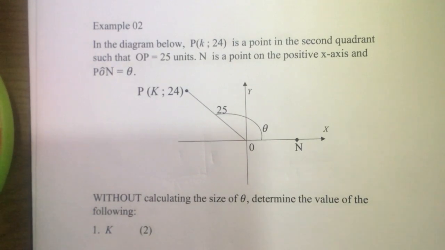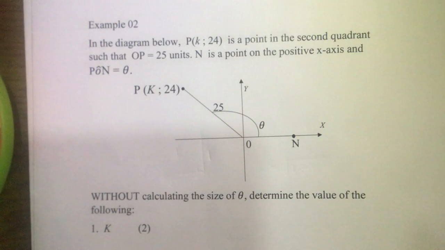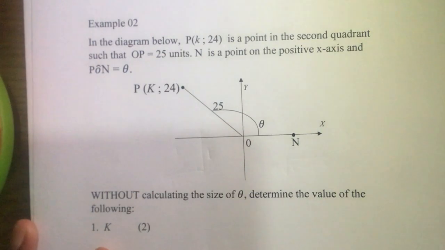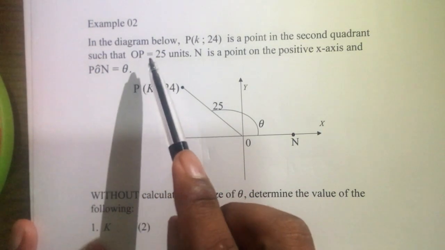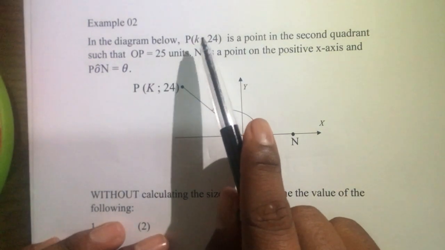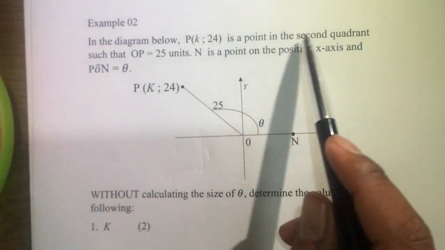Now, in this diagram, we can see that we must complete it. In this second example, they can give it in this manner, and they will not say it, but you must complete this diagram, forming a right angle triangle. So let's read the question. In the diagram below, P is the coordinate of K, 24, is a point in the second quadrant.